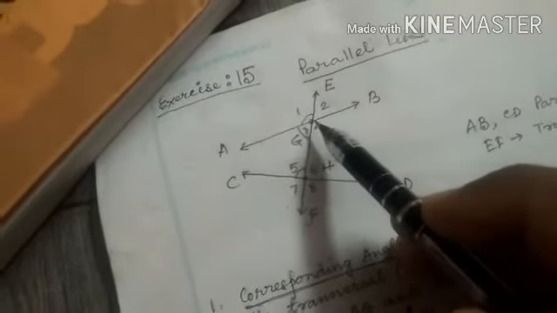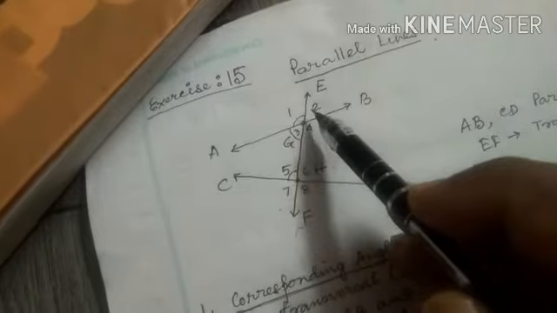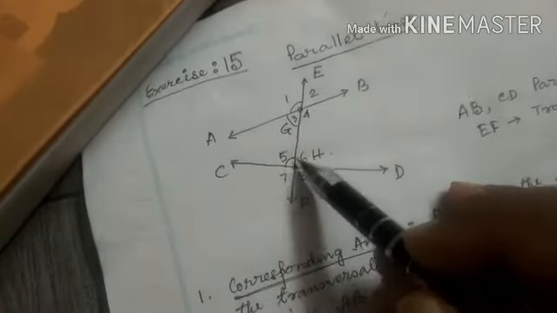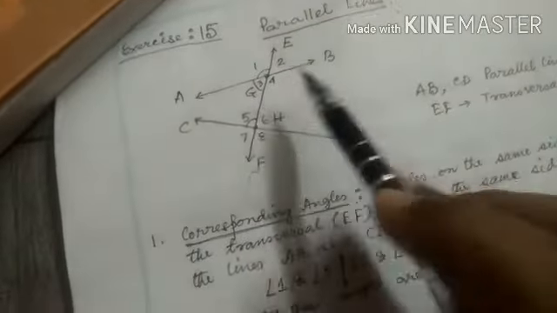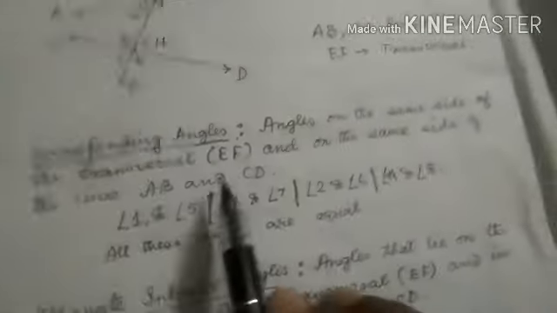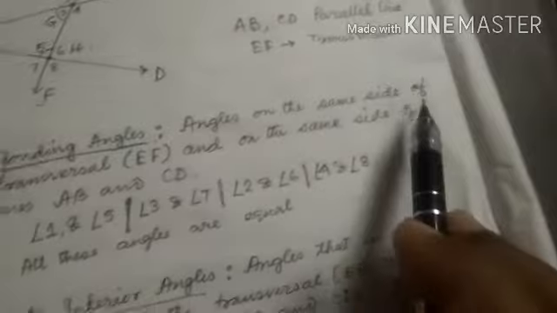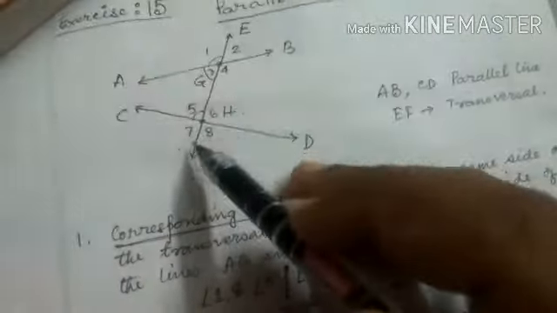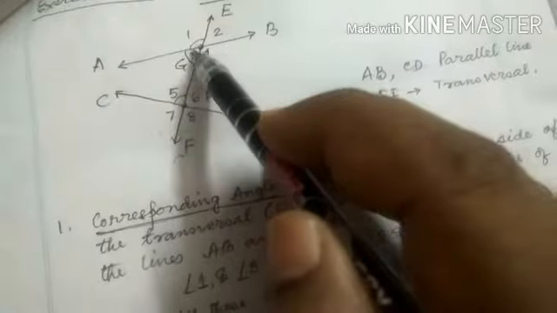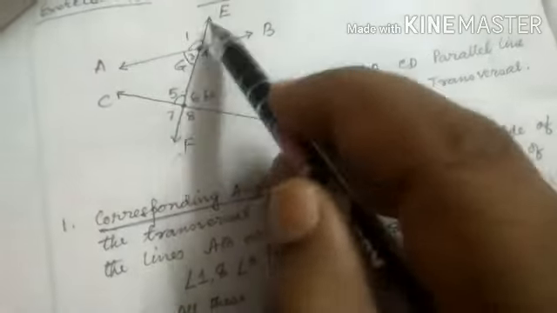Now these angles 1 and 5 are called corresponding angles. What is corresponding angles? Here see that they are angles on the same side of the transversal, that means the left side of the transversal.